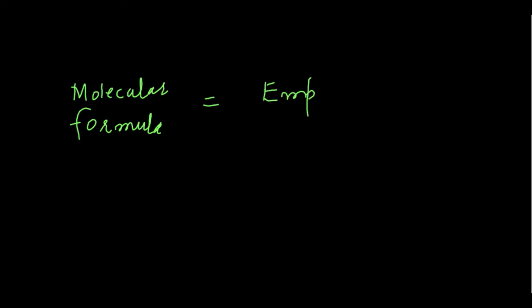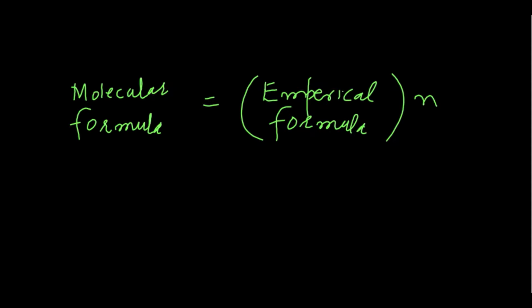The formula which is used to calculate molecular formula is: molecular formula is equal to empirical formula multiplied by n, where n is a number. n is equal to 1, 2, 3 and so on.